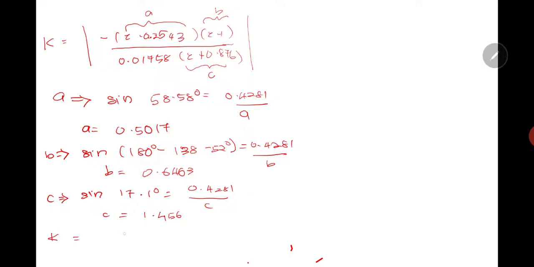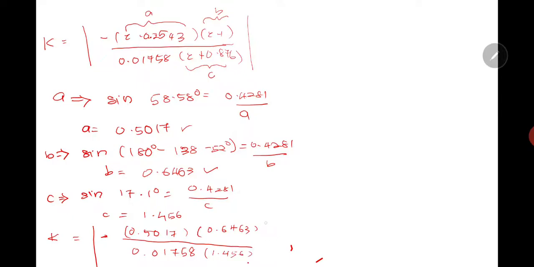So K equals the absolute value, because we are using the magnitude criterion, of A, which we have just found, multiplied by B, 0.6463, divided by 0.01758, multiplied by C. C is 1.456. If you do this, you should get K equals 12.67.